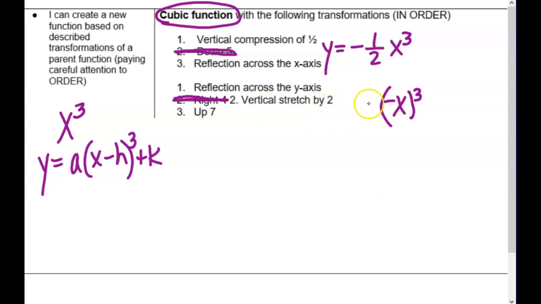Vertical stretch by 2. That would be a 2 on the outside. And up 7 would be a plus 7. Again, these aren't necessarily exactly like the quiz, but one was really confusing, so I changed them, sorry.